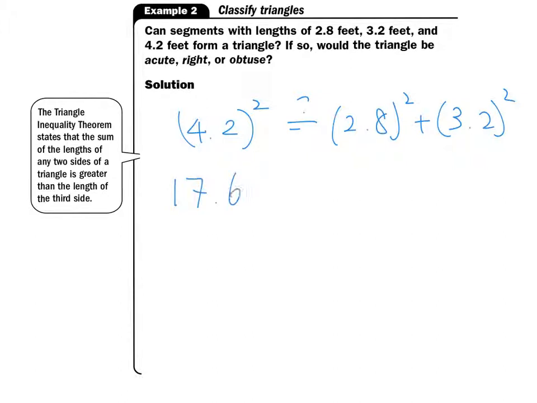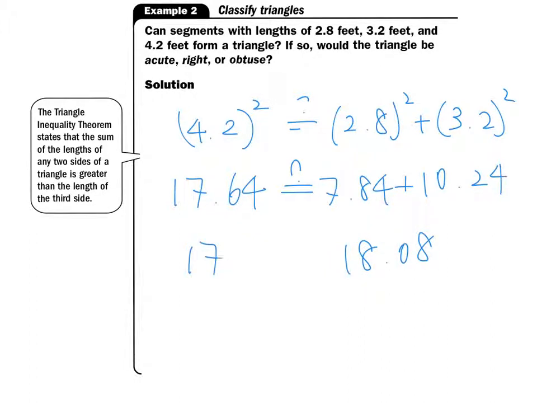On the right-hand side, 2.8 squared is 7.84, please check my arithmetic because I'm terrible at it, and 3.2 squared is 10.24. If I add these two together, I have 18.08 on the right-hand side, and 17.64 on the left. So the inequality sign should be less than. 17 is less than 18. Therefore, yes, this is a triangle, and it is an acute triangle.